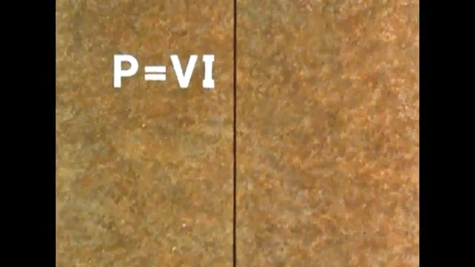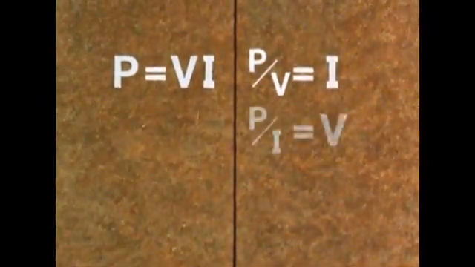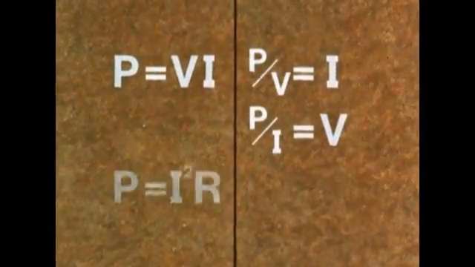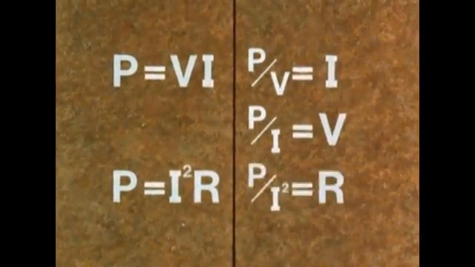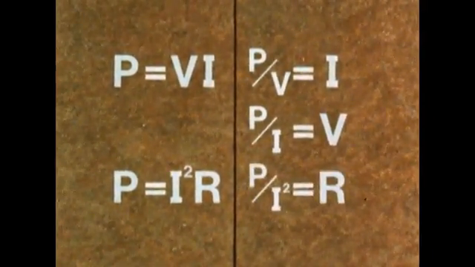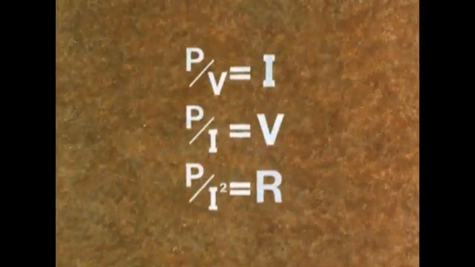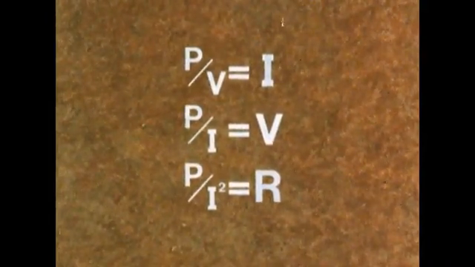Because since P equals VI, then P over V equals I, and P over I equals V. And because P equals I squared R, P over I squared equals R. And we have a formula for I, one for V and one for R, when we know P and one other value.